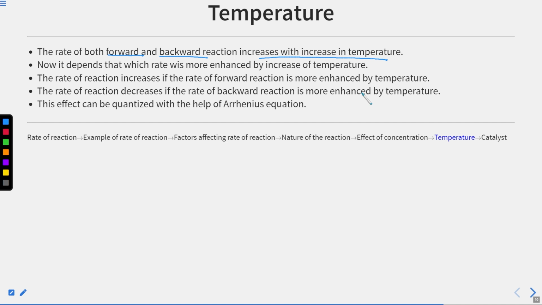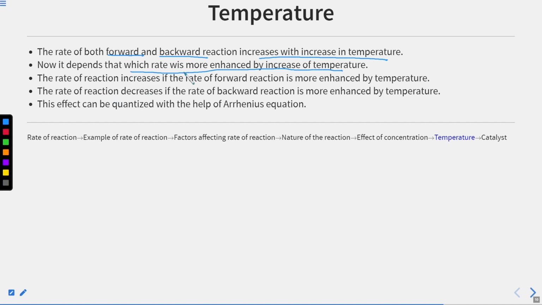So if the backward reaction is more enhanced, then that would result in the reaction going slower due to increase in temperature. We'll see how. It depends on which rate is more enhanced by the temperature. So the point is that we have to see which of these rates, forward or backward, is more affected by our increased temperature.